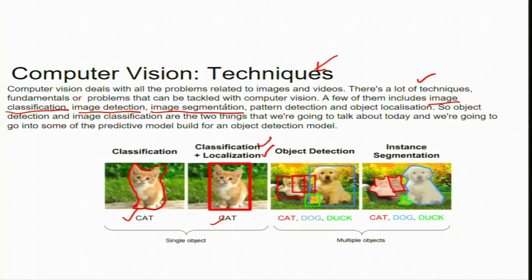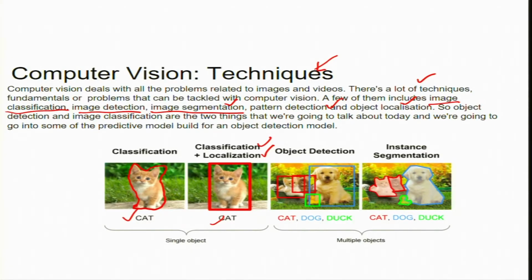That is called image segmentation. Similarly, inside that segmented image, you now have to do the image classification. Then comes the next issue called pattern detection and object localization that we have already defined.